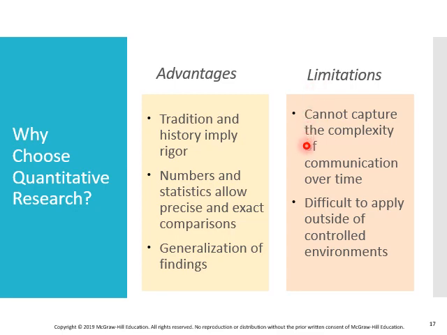Well, we cannot capture complexity of communication over time. It's much more difficult because quantitative research typically is more time dependent on a specific instance. It's hard to do it outside the lab, so there's the second point. Oftentimes, quantitative research is done in a very controlled environment or controlled setting.